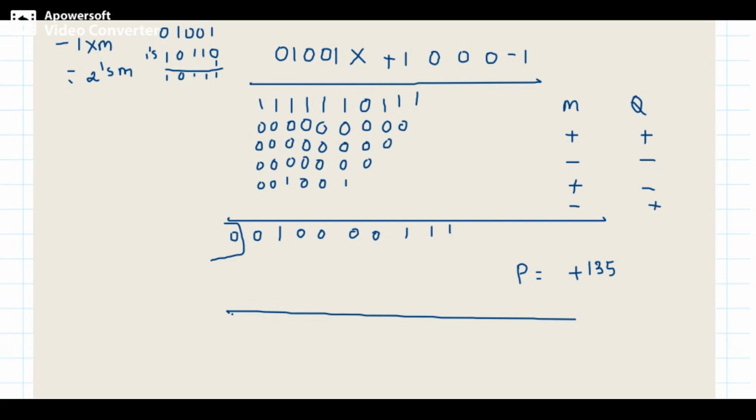So we can consider 4 different cases. That means in the case of the Booth algorithm, irrespective of the sign of M as well as Q, we can compute the partial product using the Booth algorithm.